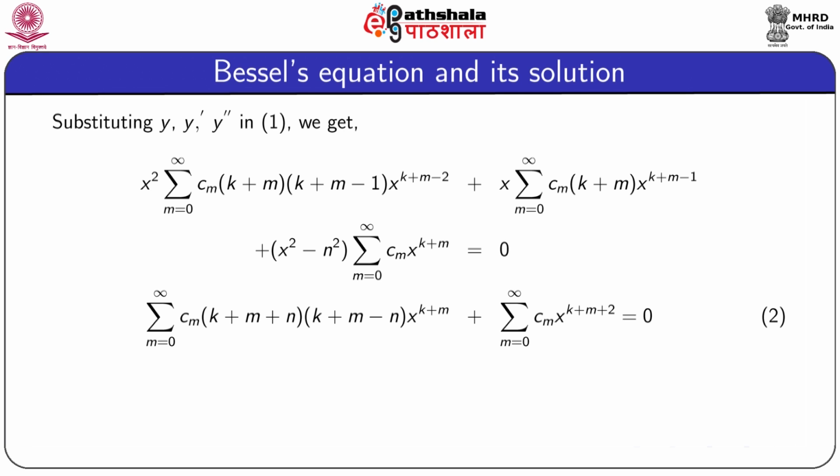After simplification, we will get the above expression equal to summation m equal to 0 to infinity c m (k plus m plus n)(k plus m minus n) x to the power k plus m plus summation m equal to 0 to infinity c m x to the power k plus m plus 2 equal to 0, given by equation number 2.